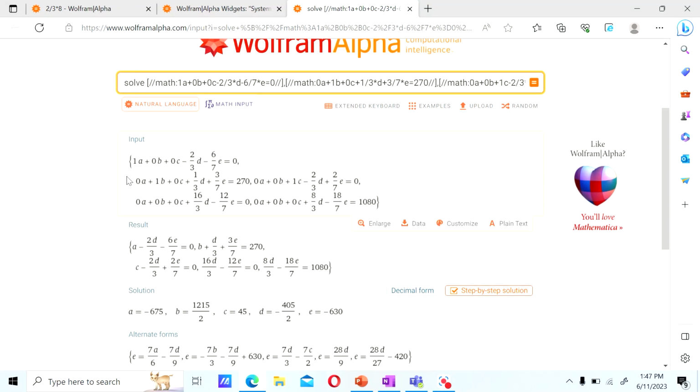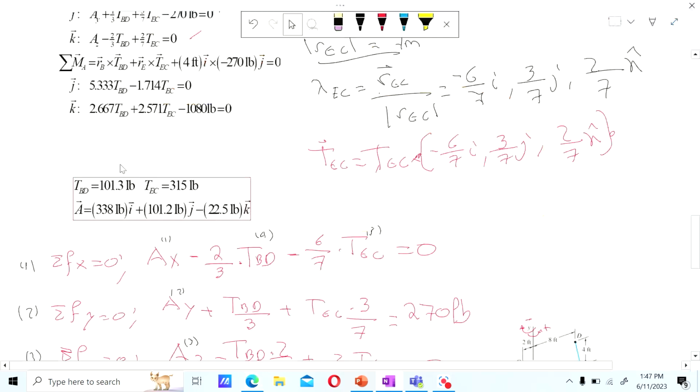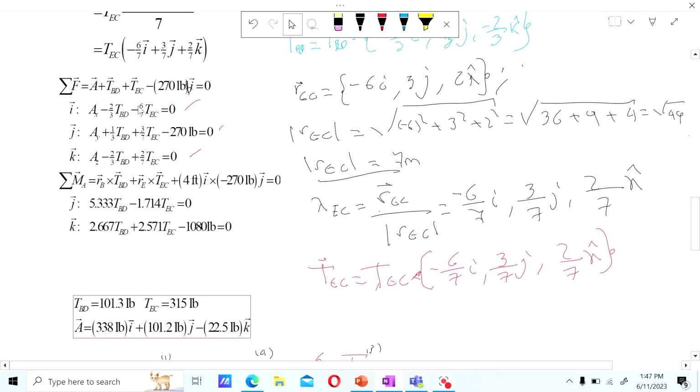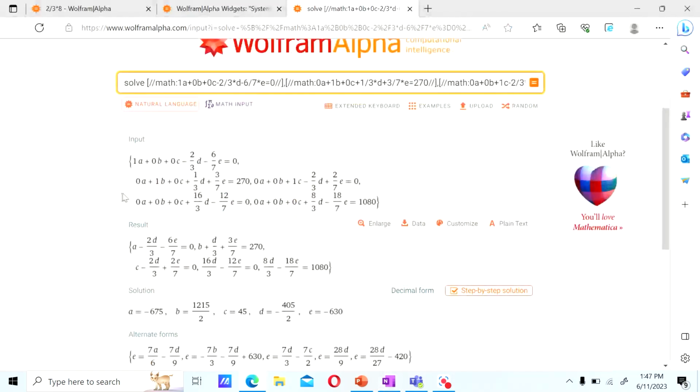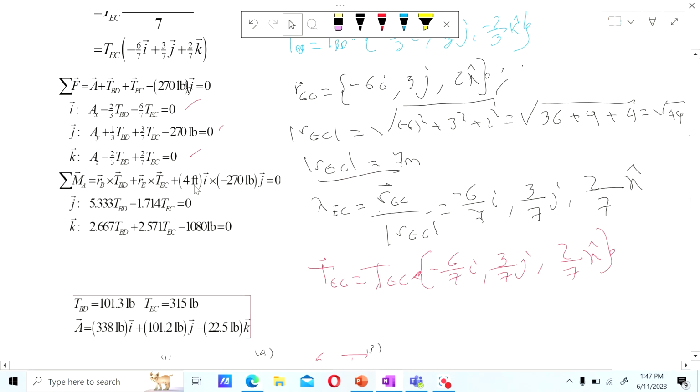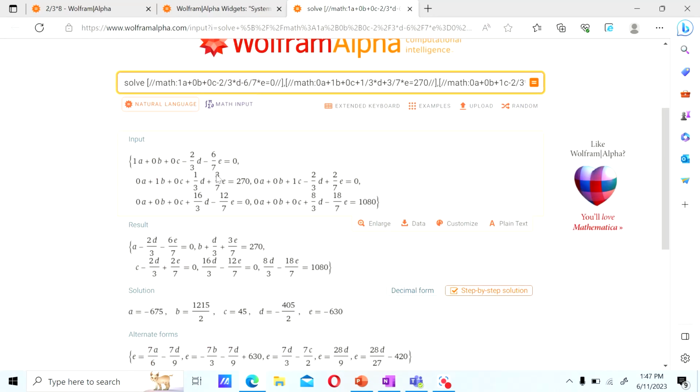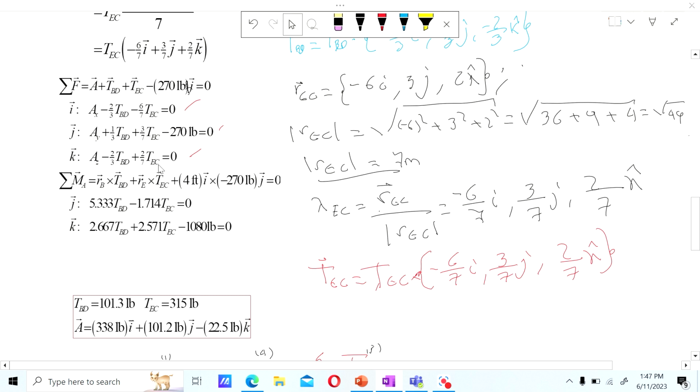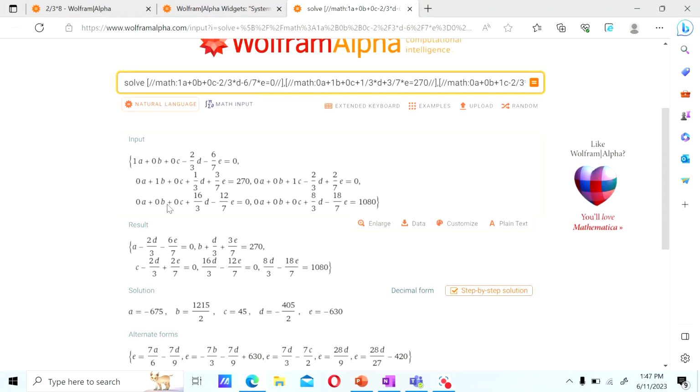Well, first of all, let's see our system of equations. 1, 0, 0, negative 2/3, negative 6/7, yep. 0, 1, 0, 1/3, 3/7 equals 270, yep. 0, 0, oh no, that is not true. We have a typo here on equation number 3.